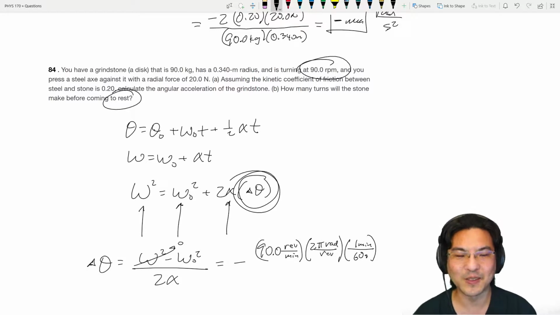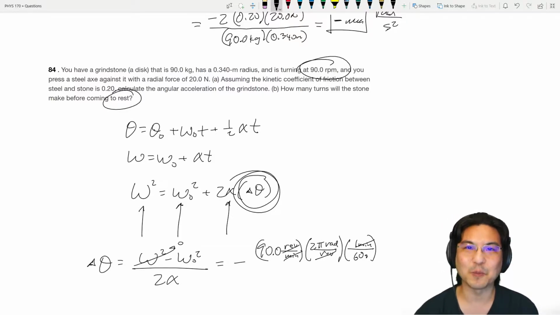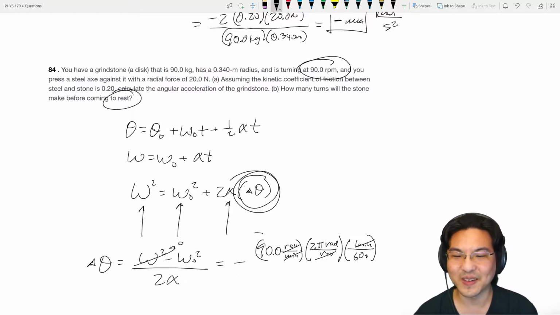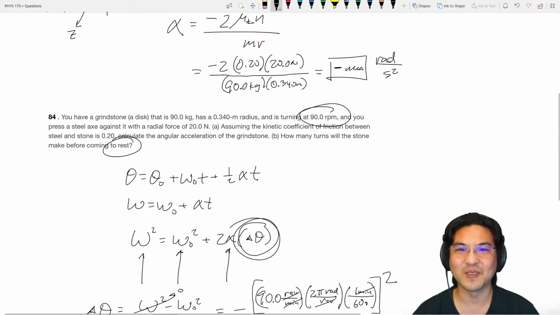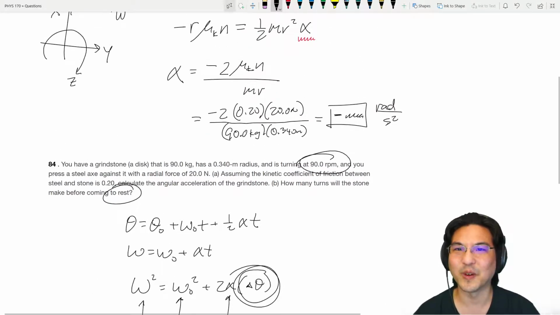If you do this, see how minutes cancel, revolution cancels. Then you would have something in radians per second, SI units. So that is better. So that's omega squared over 2, and then alpha, which you have from over here.